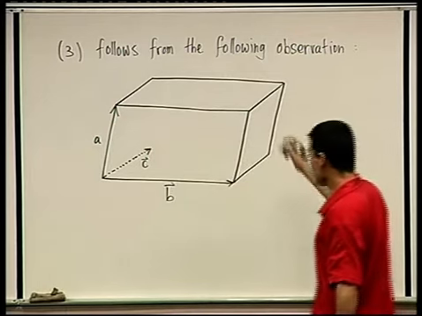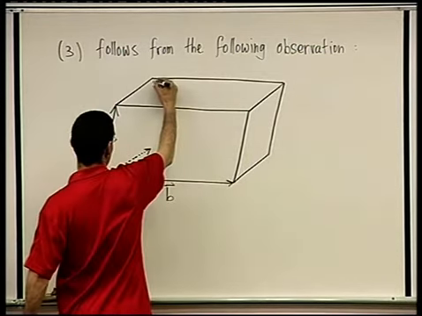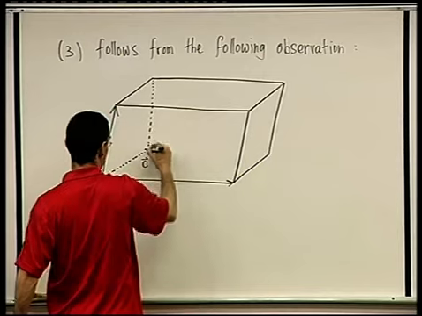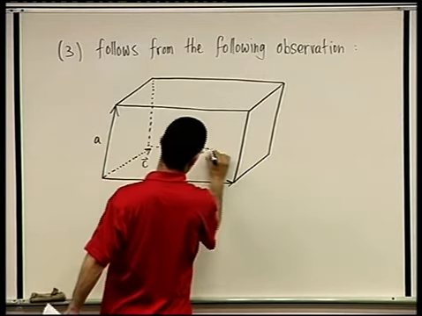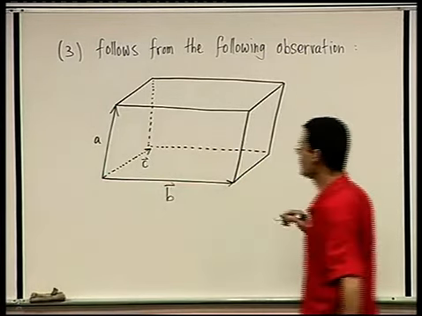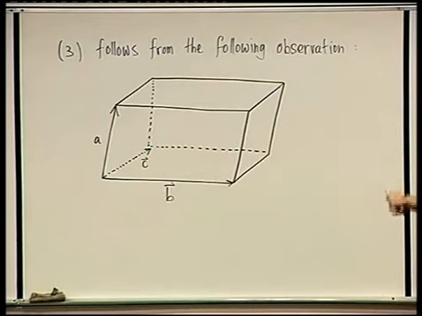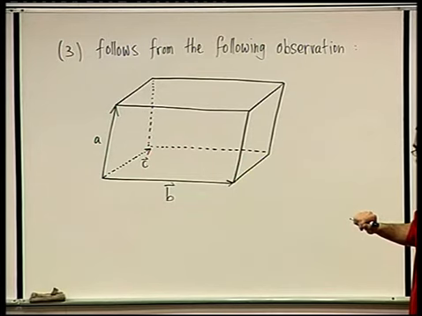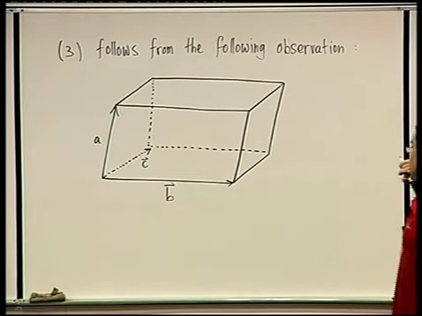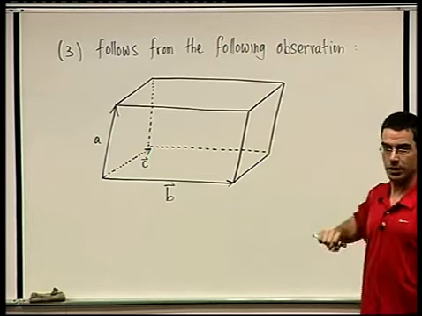Okay? And then there's the ones in the background. That's why I'm drawing them as dotted. Okay, so do you agree that this is a parallelepiped? Good?